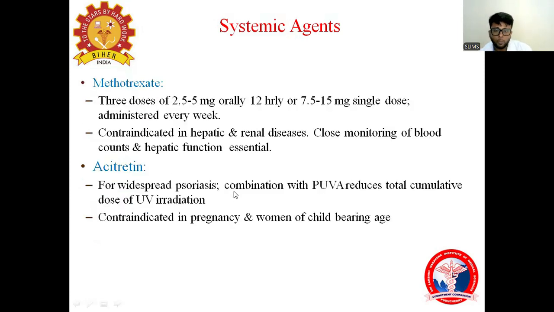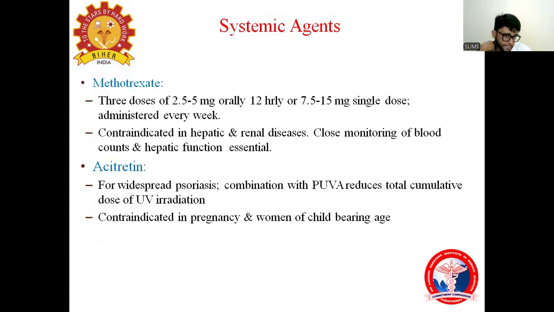Methotrexate is a very good drug and a first line drug for psoriasis and psoriatic arthritis. The dose is 7.5 to 25 milligrams orally, a single dose administered every week. It is contraindicated in hepatic and renal disease, and close monitoring of blood counts and hepatic function is essential.